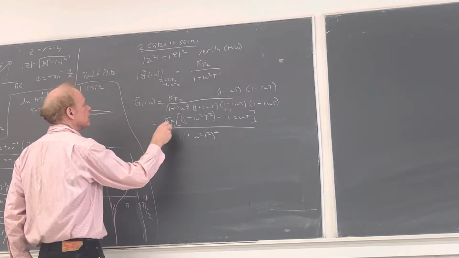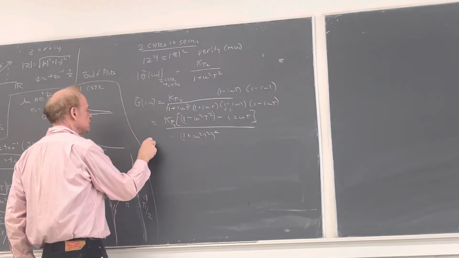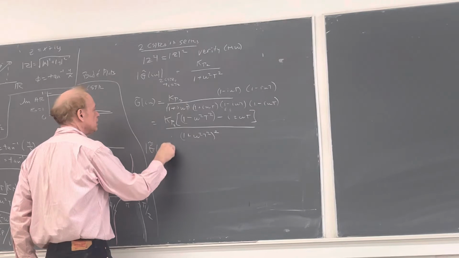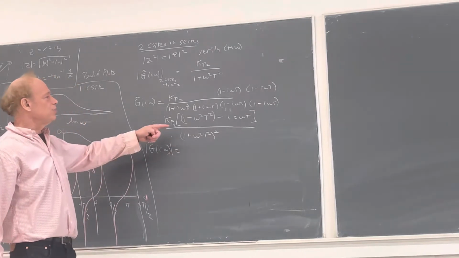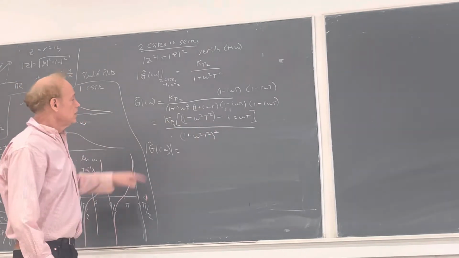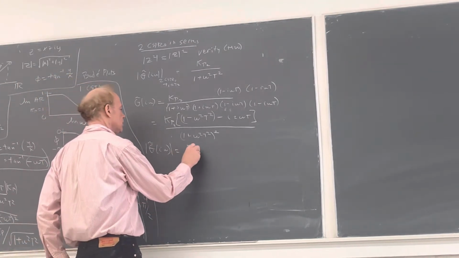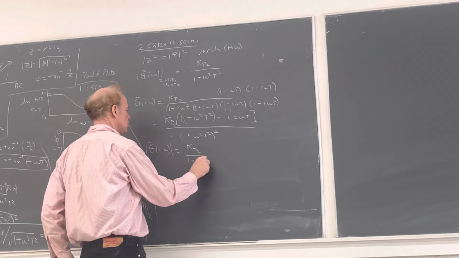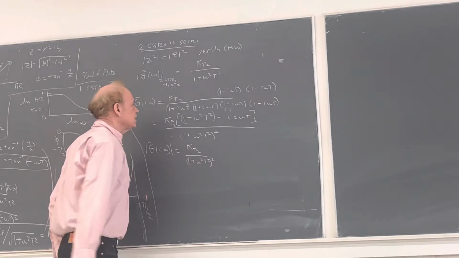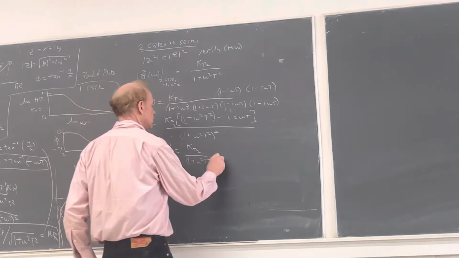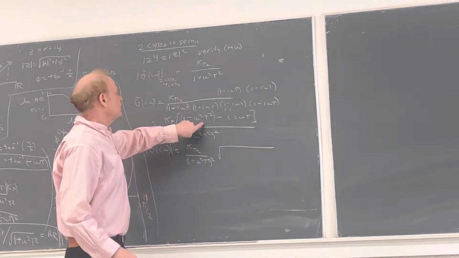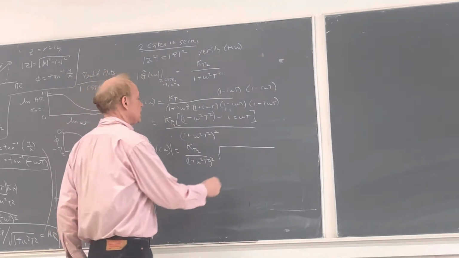So let's verify that. To get the magnitude of g tilde of i omega, I have to take the square root of x squared plus y squared. I factor this out, because that's in both, and I take the square root of this squared plus this squared. So let's see what that is.